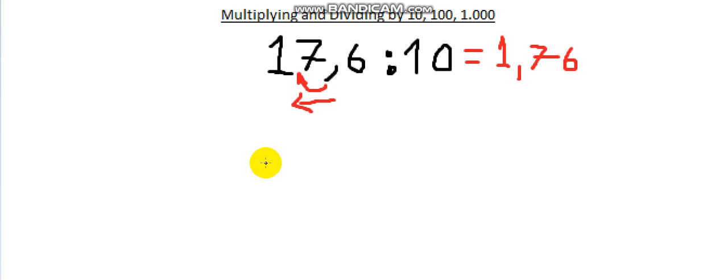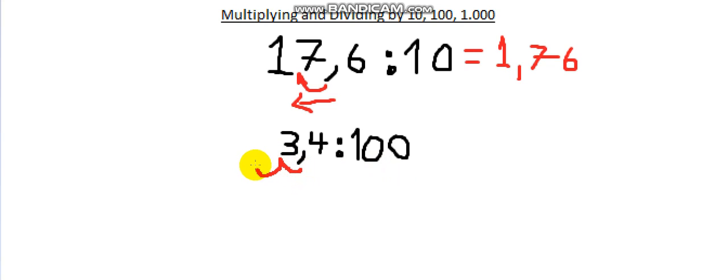But here's the problem. Let's say I have 3.4 divided by 100. Now I'm dividing, so the comma again will go to the left, but now we have 2 zeros, so it needs to go 2 spaces to the left. 1, 2.